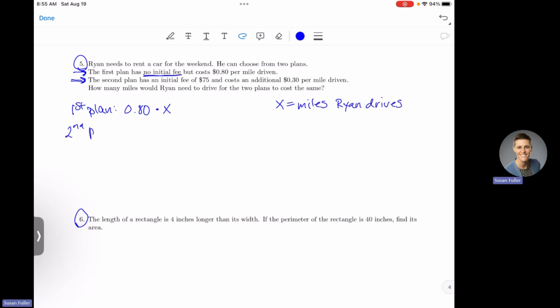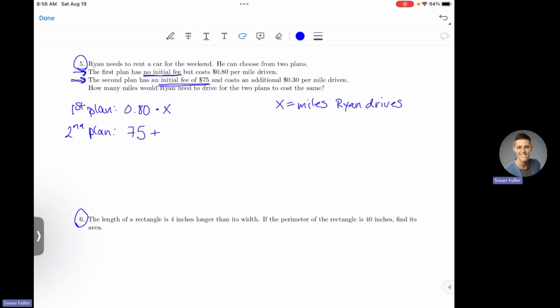And the second plan says that he has an initial fee of $75. He has to pay to just get in the car. And then he pays 30 cents per mile driven. So the cost of this second plan, just to take the car, is going to be $75, right?